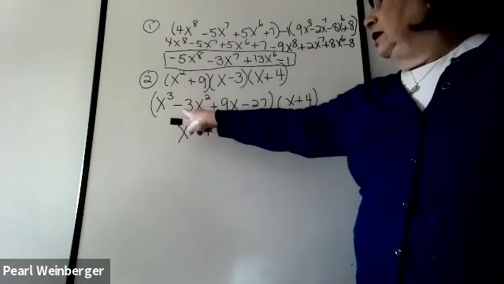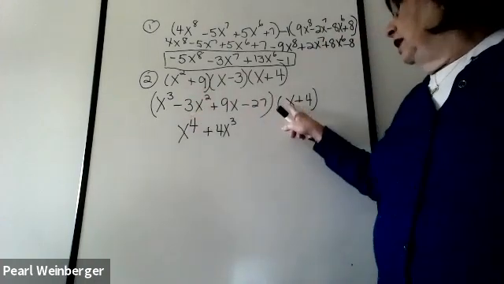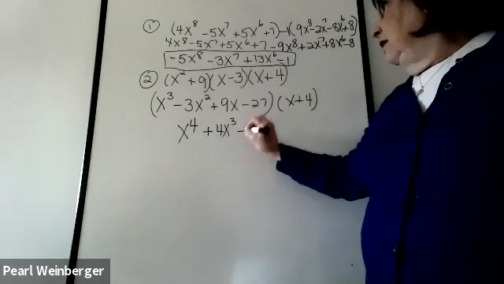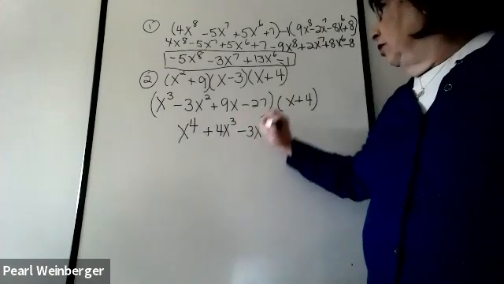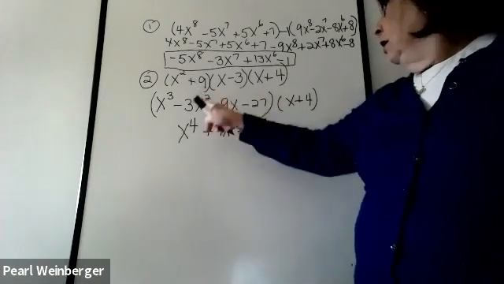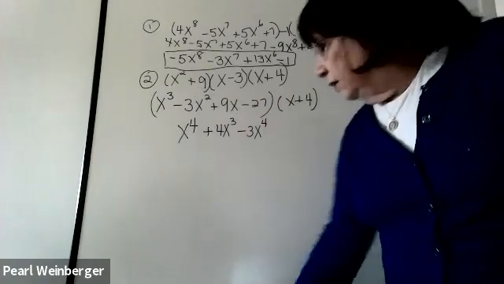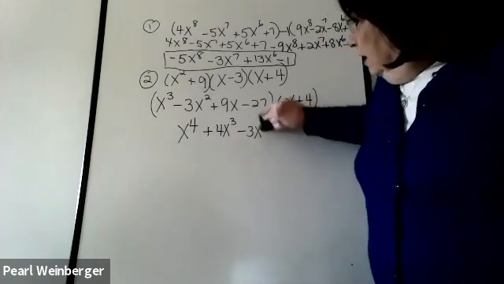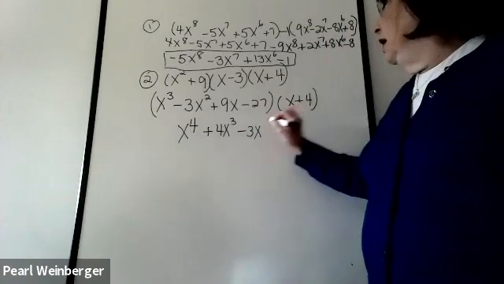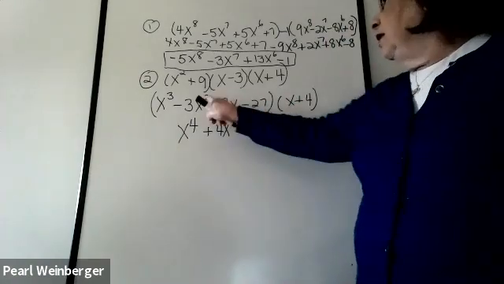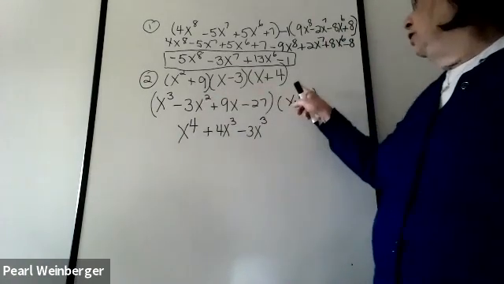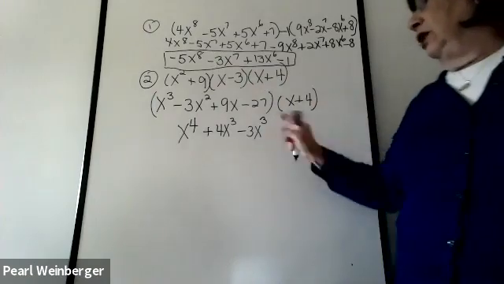Next, negative 3x squared times x is negative 3x cubed. Remember, when you're multiplying, you're adding their exponents, and this has an exponent of 2, and this is 1, so that gives me 3.